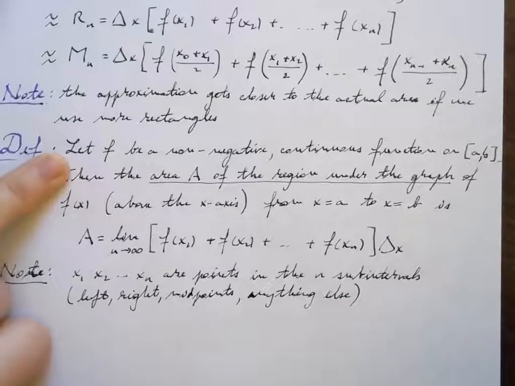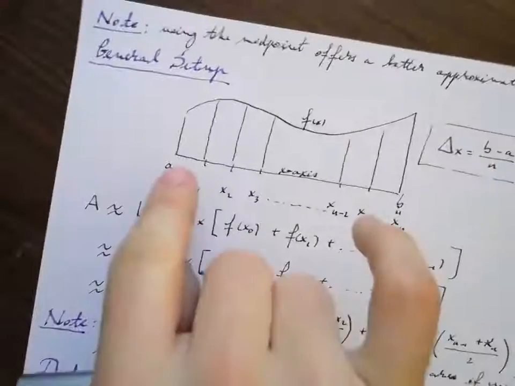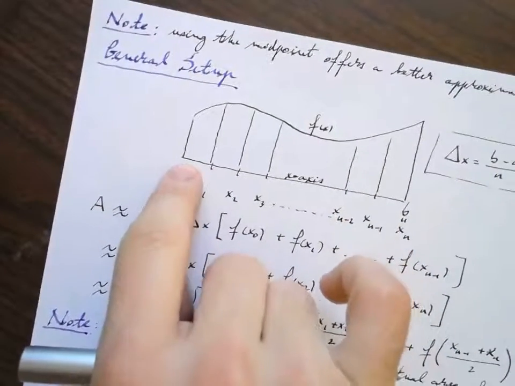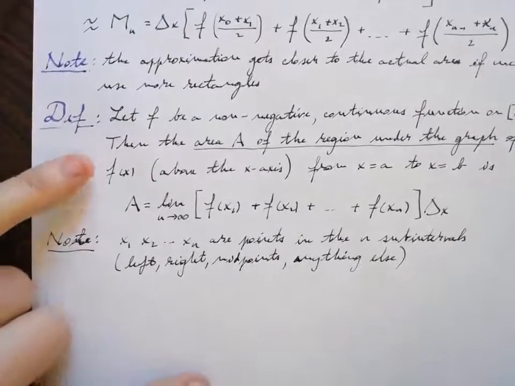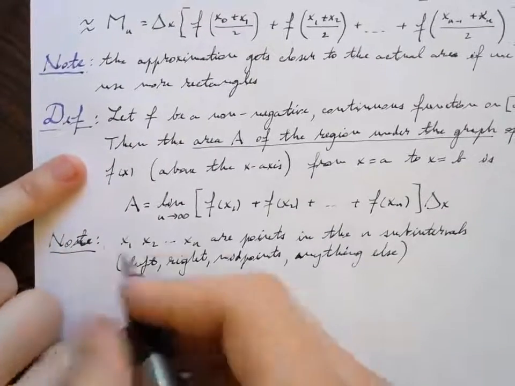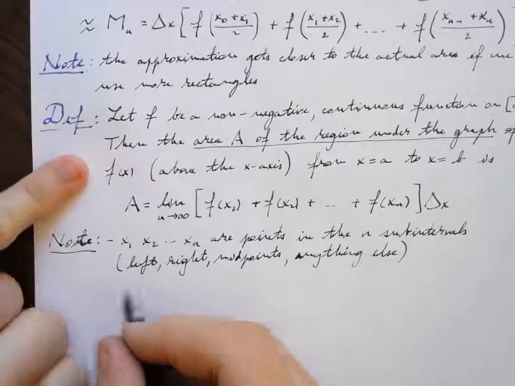For example, you might choose the point that's like a third of the way in each subinterval or something like that. So it could be anything inside the subintervals. That's one thing to note.